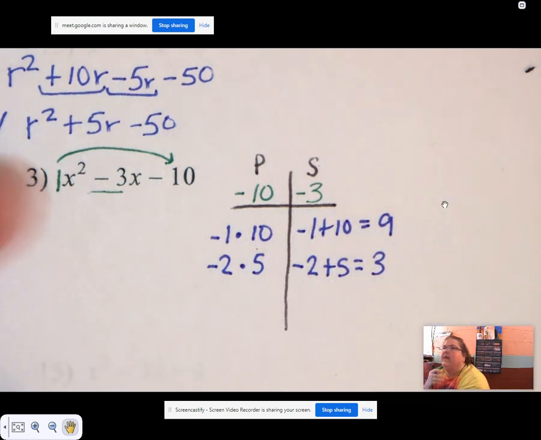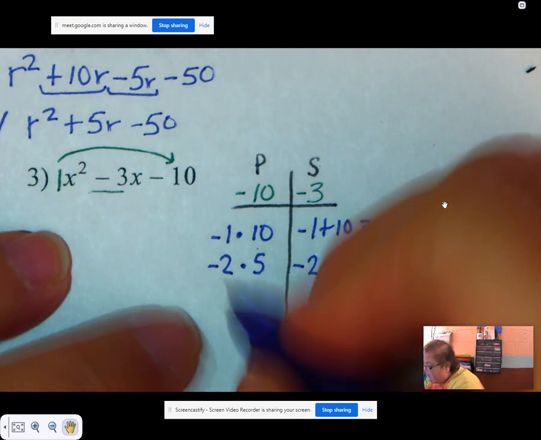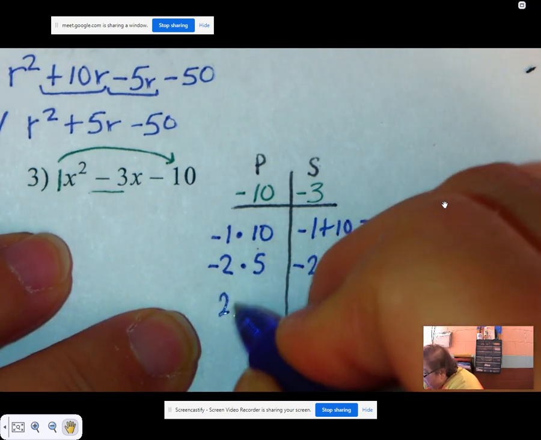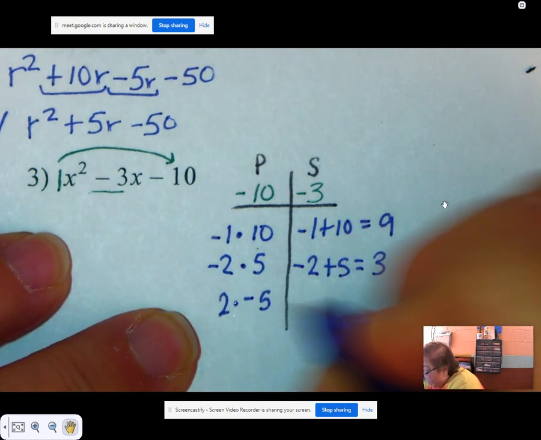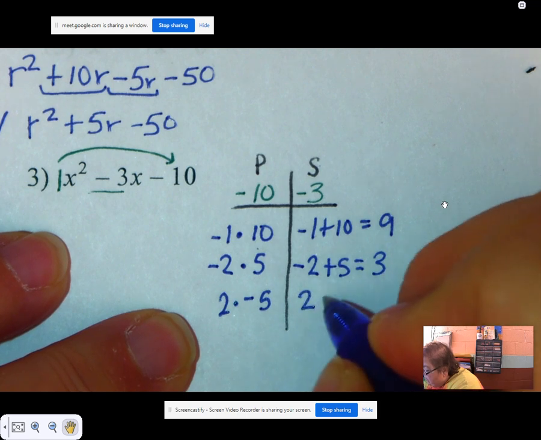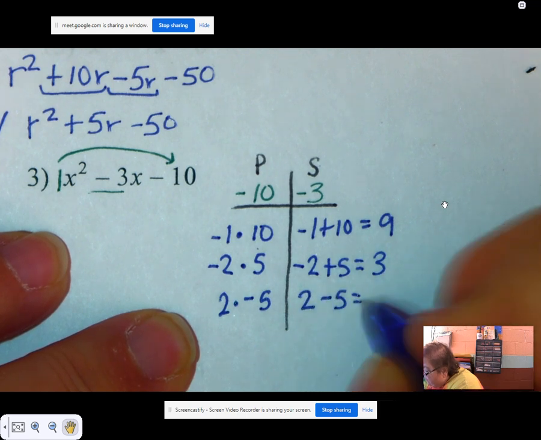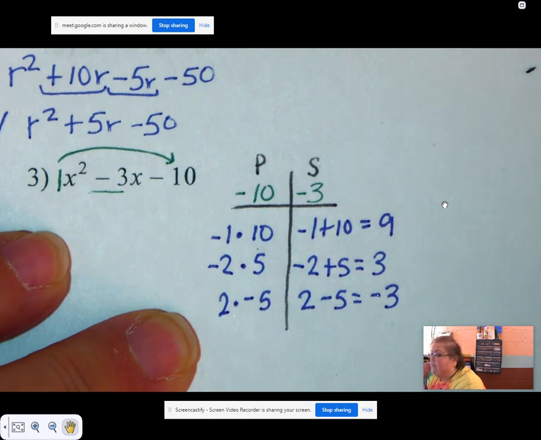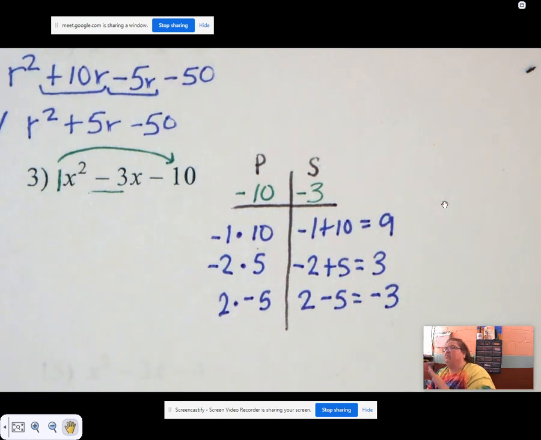Huh. I have the right number, wrong sign. What do I do? Switch it. So this needs to be a positive 2 and a negative 5. Because 2 minus 5 is negative 3. Or you can say plus negative. Whatever you need to do there.